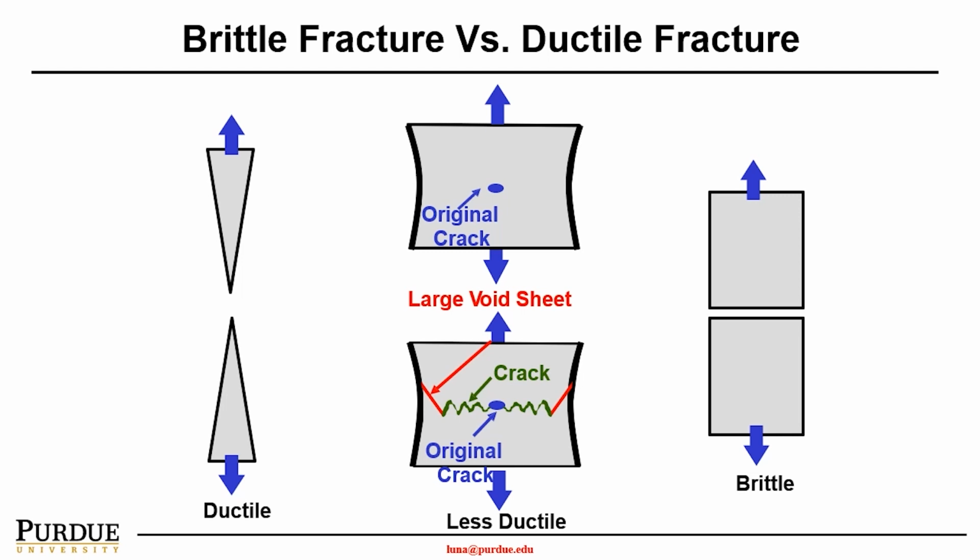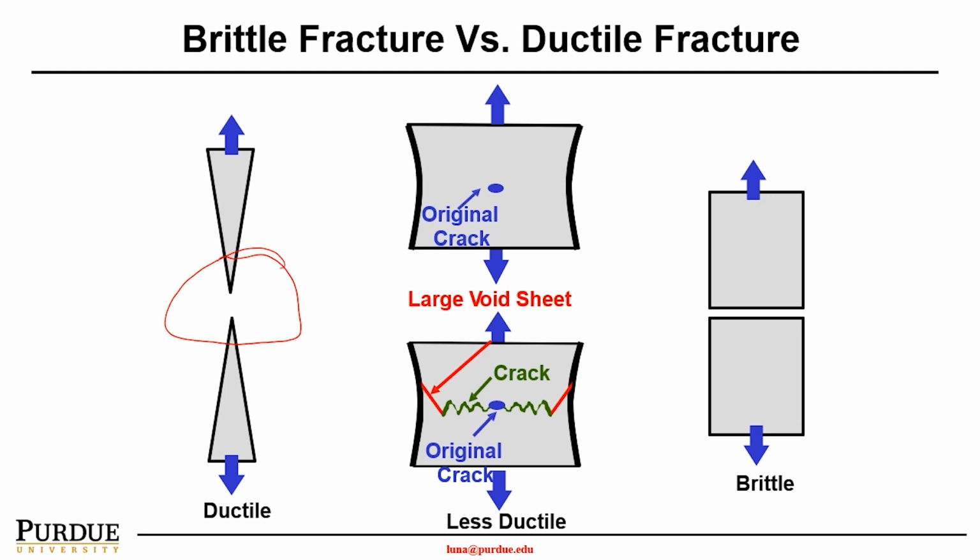So here are schematic concepts to show what's the difference between ductile and brittle material. For very ductile material, we can see the fracture surface become very sharp. The substantial deformation, the substantial shape change.